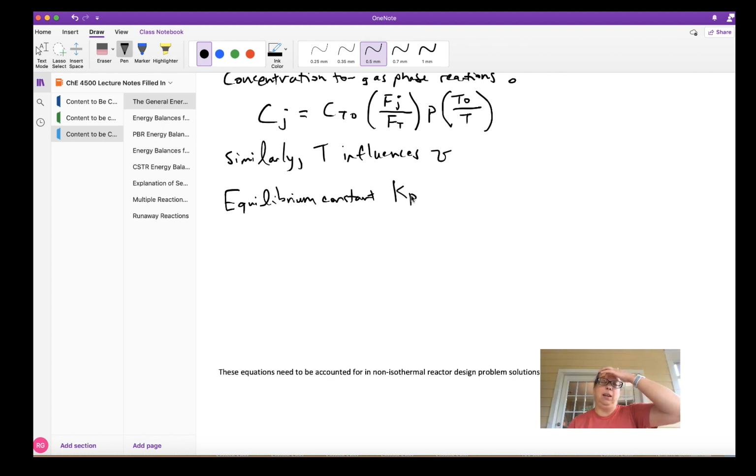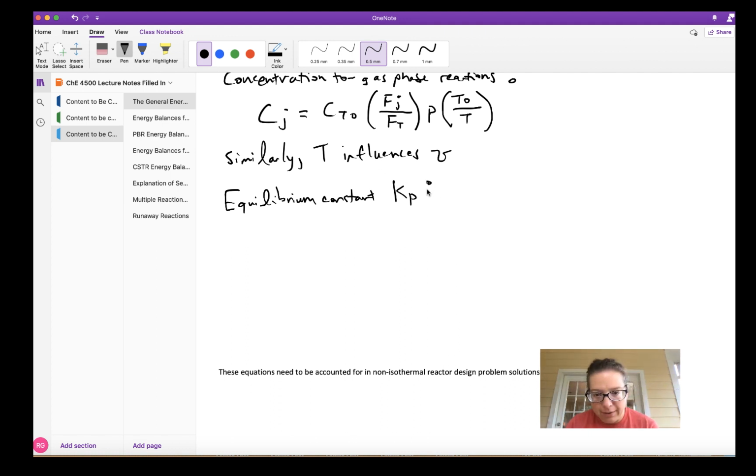We've been thinking about Kc in terms of concentration. The temperature dependence of the equilibrium constant is actually on Kp, in terms of pressure. The equilibrium constant in terms of concentration versus pressure, those two are related by a factor of RT. The relationship is given in the reference book.